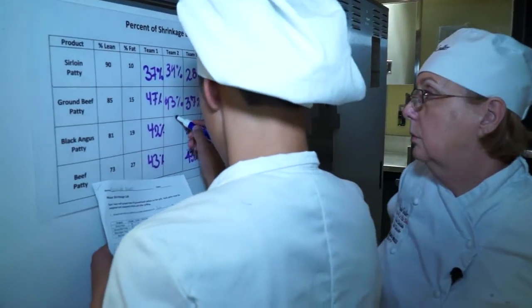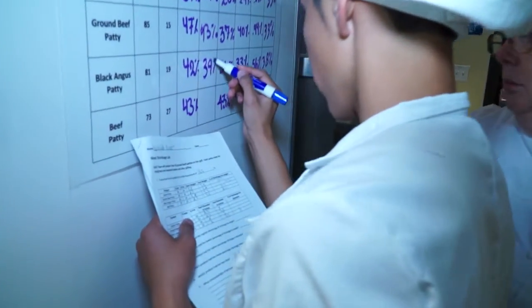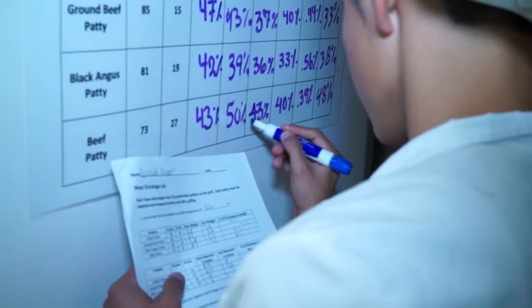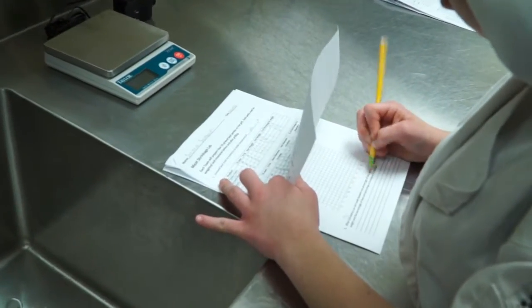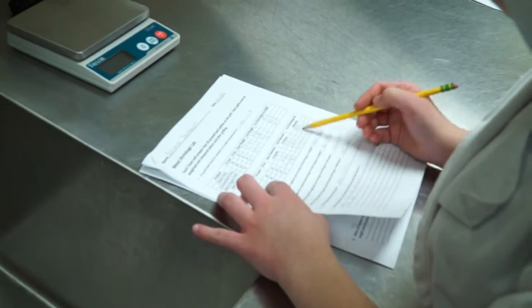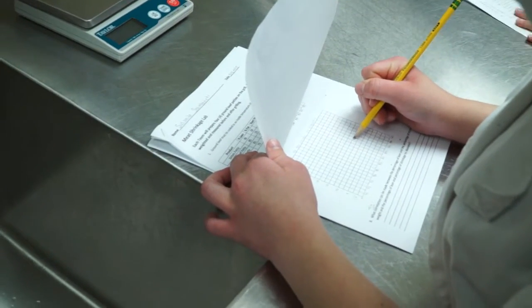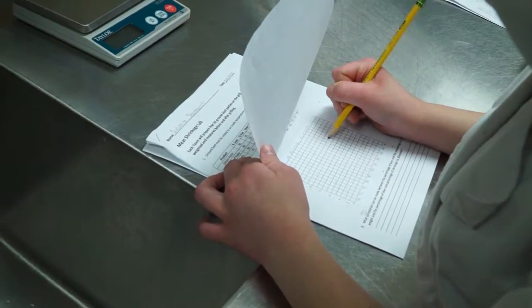After they have recorded their data and figured out their percentage of shrinkage by weight and by diameter, they're going to go into their packet and they're going to create a linear graph showing what happened depending on the amount of shrinkage for the different products.